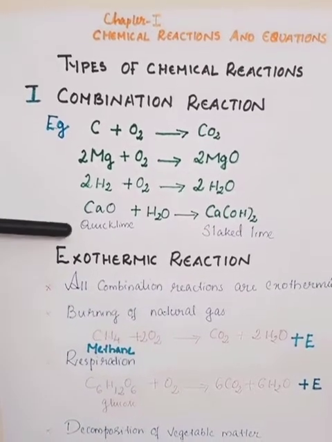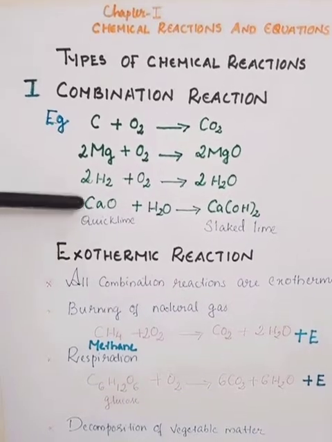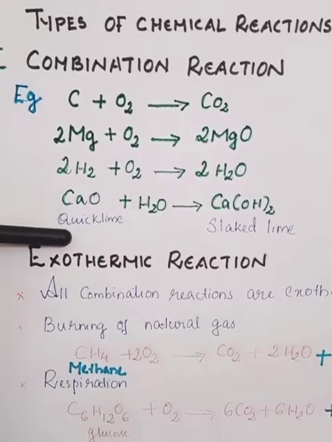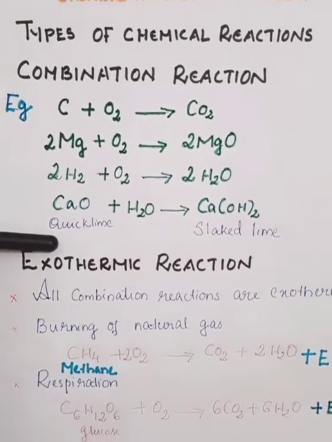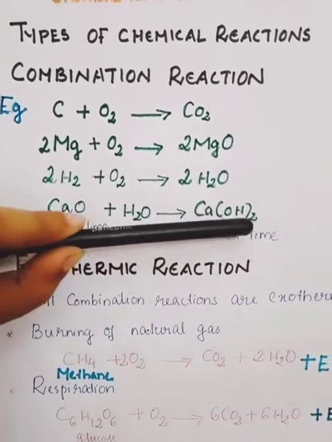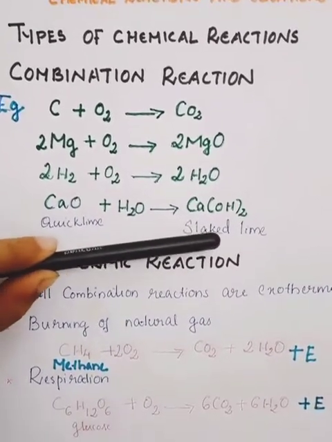Now, the third equation is important because many times this question is asked in the board exam. Calcium oxide, also known as quicklime, combines with water to form calcium hydroxide. Calcium hydroxide is also called slaked lime.